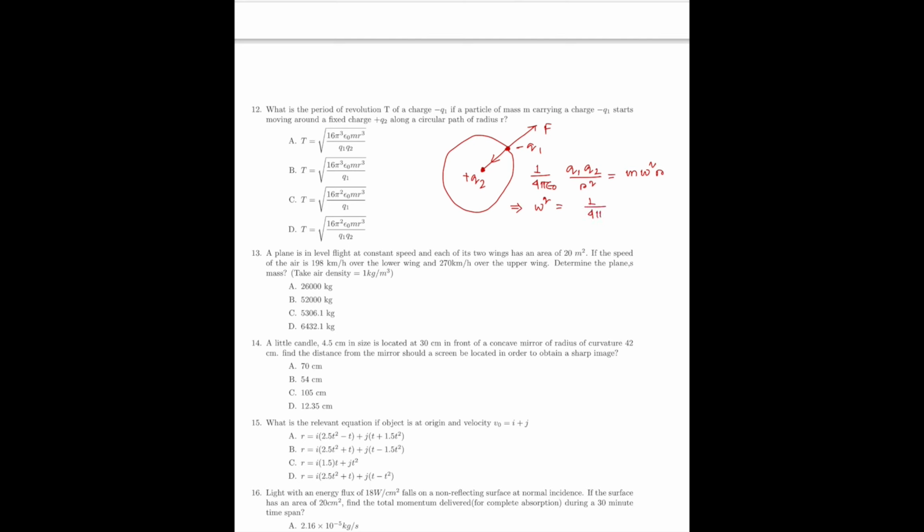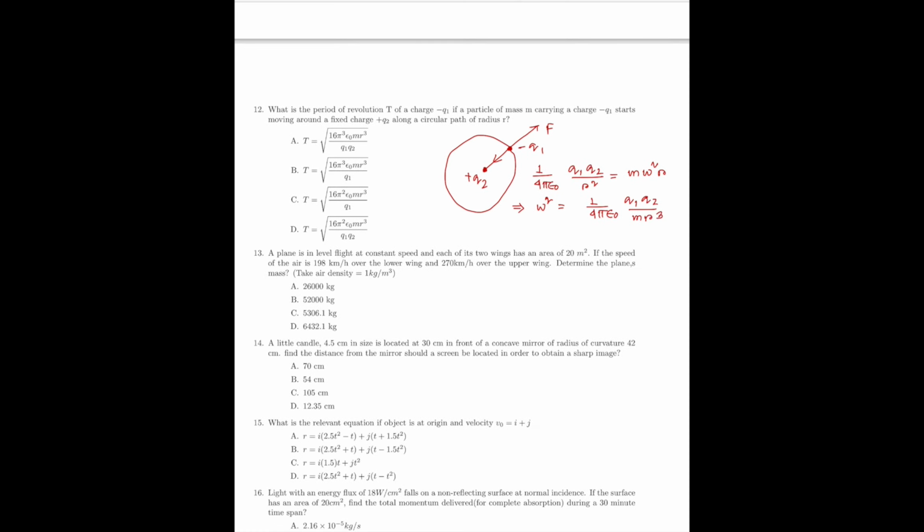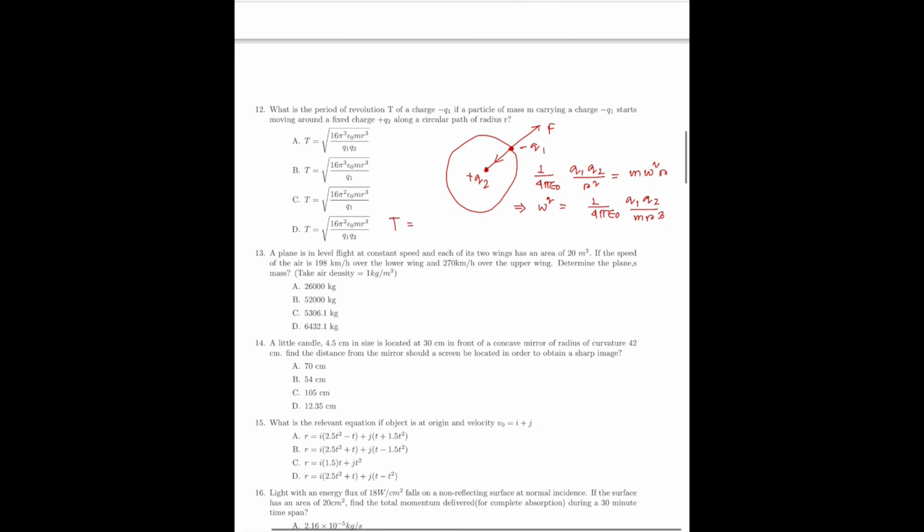So omega square is 1 by 4 pi epsilon naught Q1 Q2 by m r cube. So as we know, the time period is 2 pi by omega.